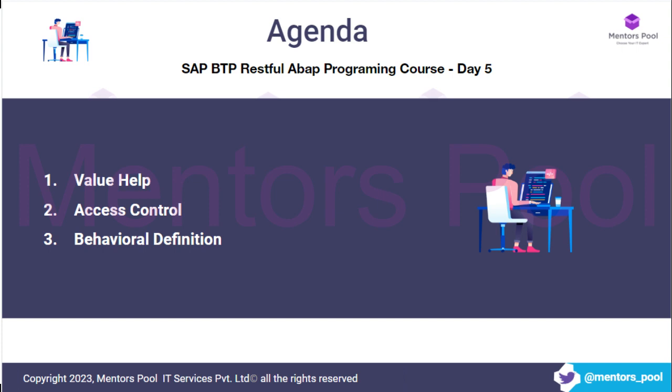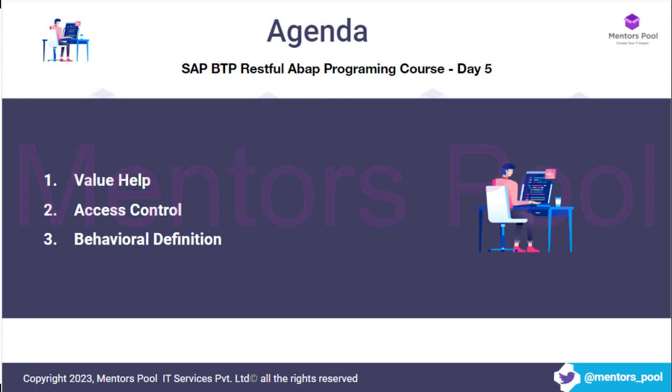Today we will also achieve DCL, which is data control language, and in RAP we achieve DCL using access control. The third part is the main core, or the engine, that is the behavior definition. Today we'll start with the creation of behavior definition, and we will see how far we can go based on the time. But these three topics we want to cover today.